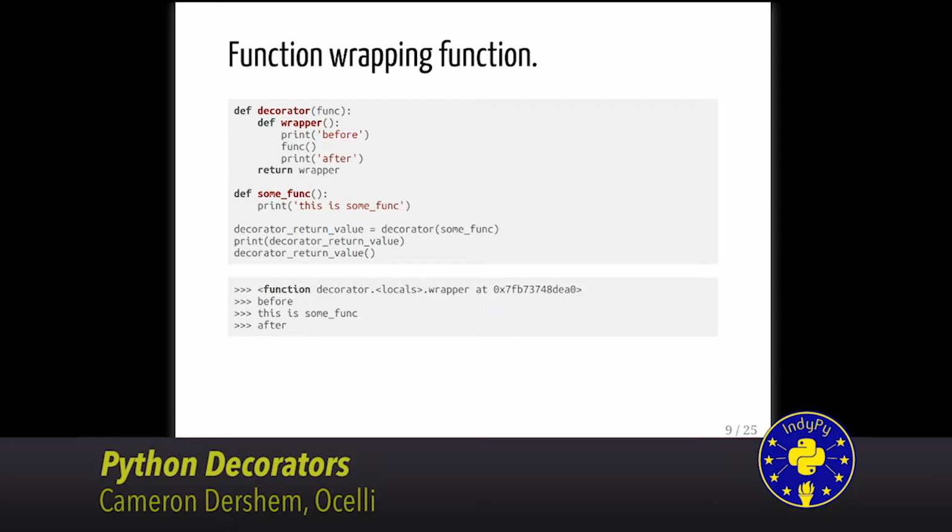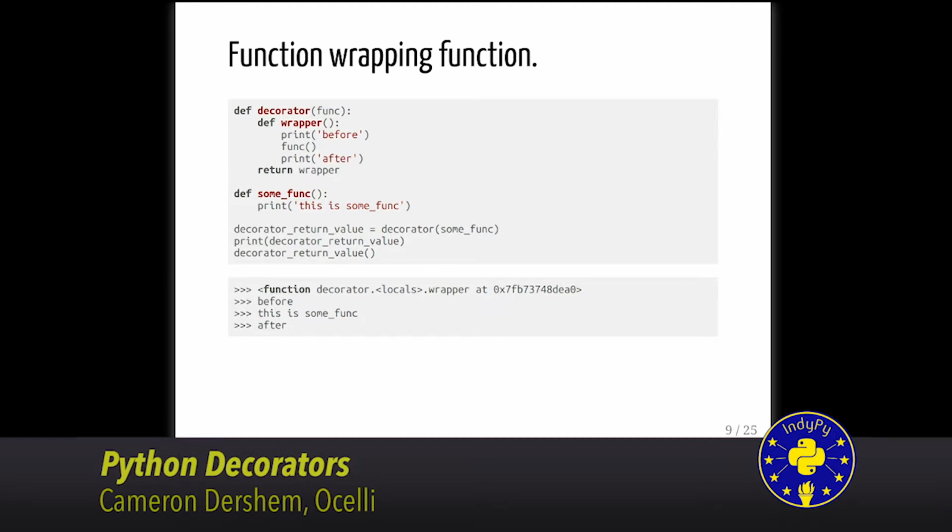The reason they're called wrapper and decorator is because the names mean nothing in this case. That's not important. Down at the very end, we call the decorator, we pass it the function, and we set that return value to the decorator return value. Then I print that out, and I'm showing you that what we're actually returning is a function. We haven't called that function yet.